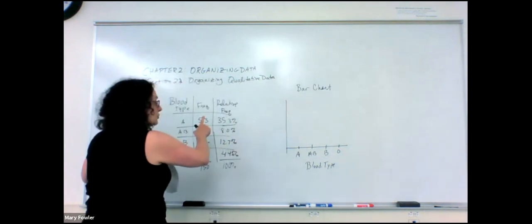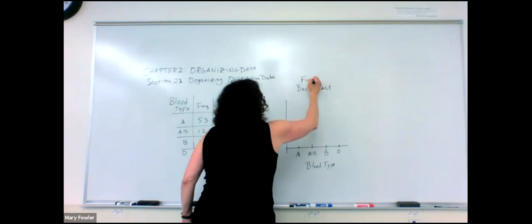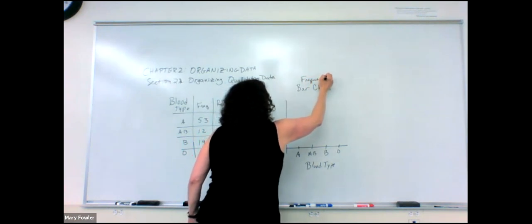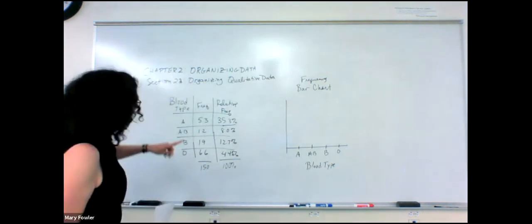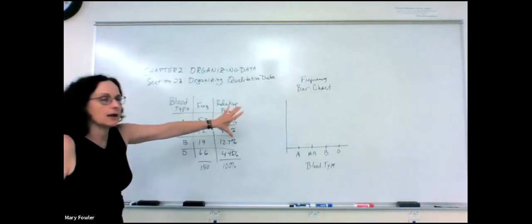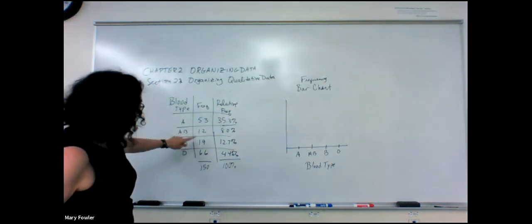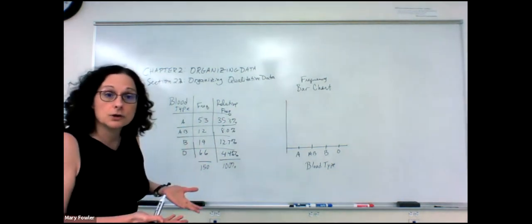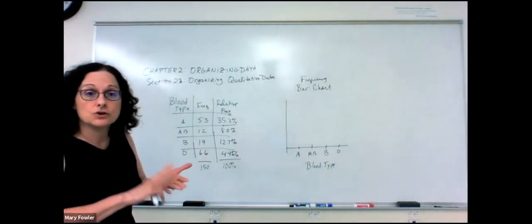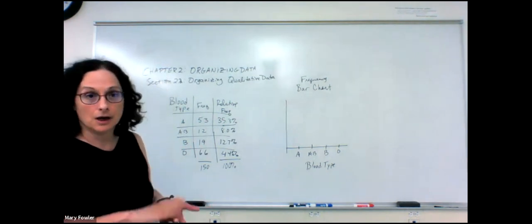So I'm going to do a bar chart. This bar chart is going to be a frequency bar chart. So we want to set up the vertical axis so that these numbers can be easily displayed on that axis. And we see that the numbers go from 12 to 66. We want to make sure we include the 0 when we're doing frequency bar charts or relative frequency bar charts.